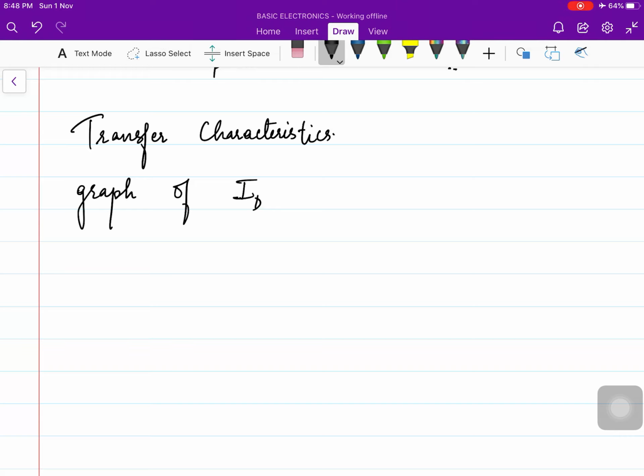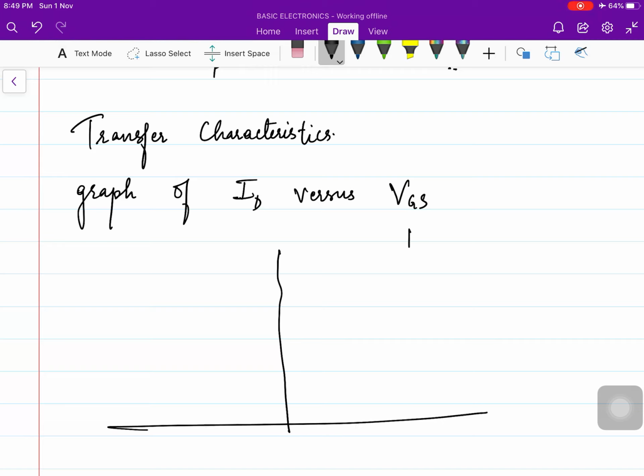Current is only one and the characteristic will be a graph between voltage and current. So it is ID versus VGS. Very simple to draw. We are drawing it again for N channel. If you have understood the operation, you can draw it for P channel as well. For N channel, VGS is either 0 or negative.